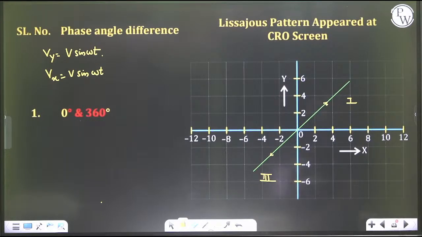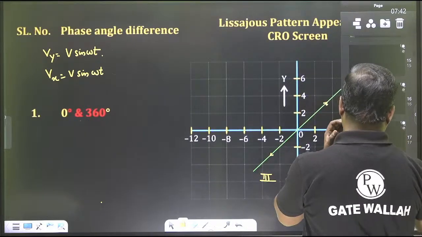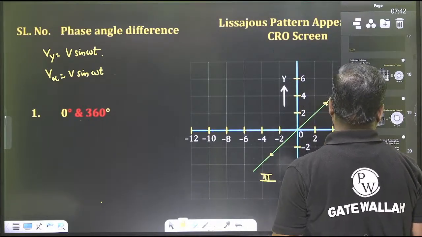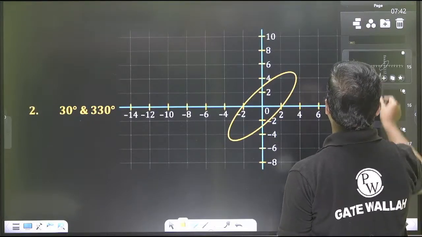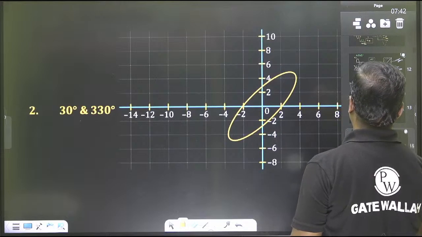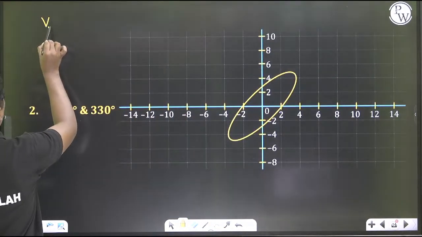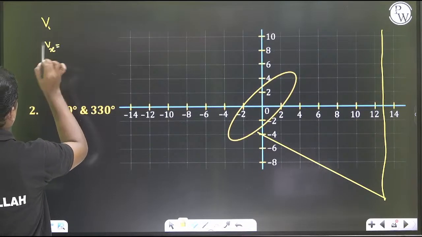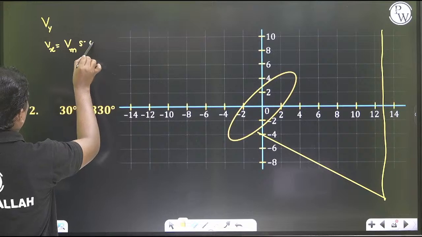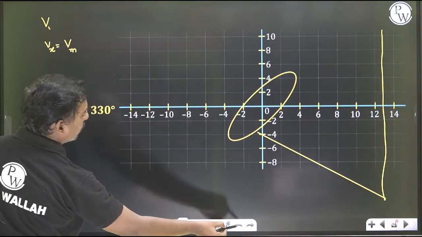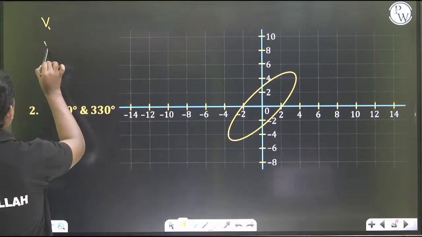Now let us move to the next pattern. Suppose the phase shift angle is less than 90 degrees. Here phi is the phase between Vy and Vx.